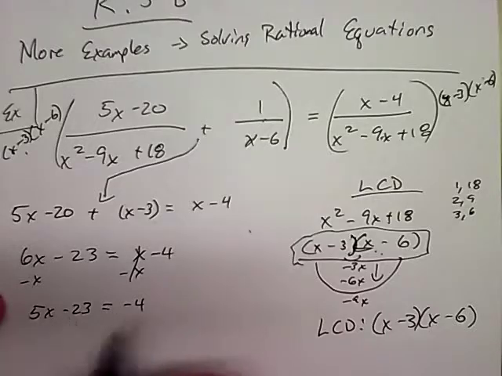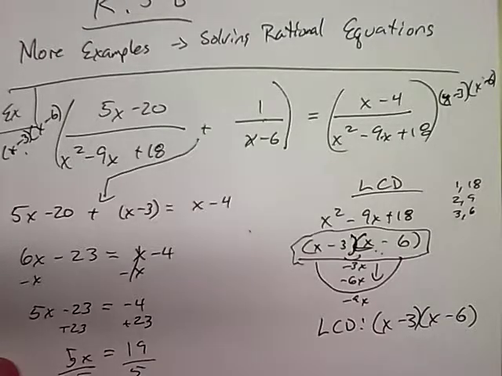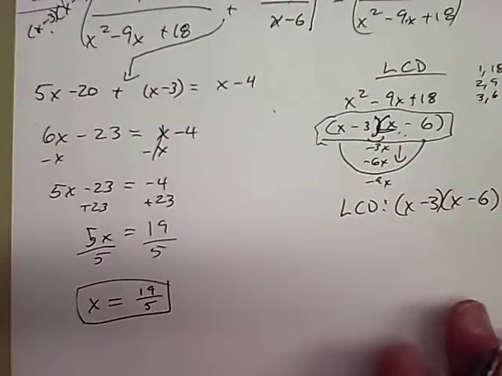Adding 23, 5x equals 23 minus 4, which is 19. Dividing by 5, x equals 19 over 5. And that's as far as I can take that problem.